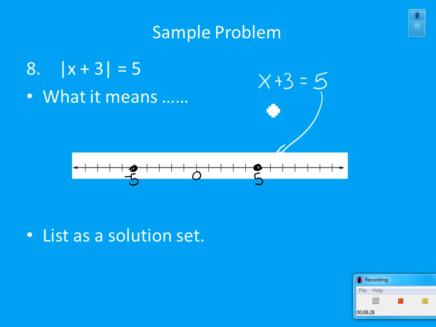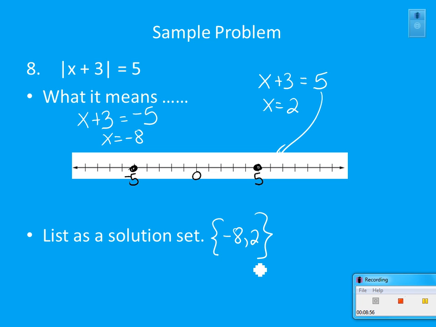What's that number? That number is 2. Coming over here, some number plus 3 is going to put me 5 units to the left. Well, that number is going to be negative 8. Because negative 8 plus 3 is negative 5. My 2 answers then, there's my cool parenthesis called a brace, negative 8 comma 2.